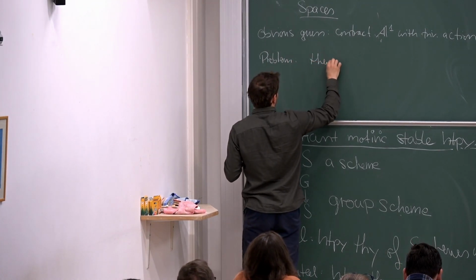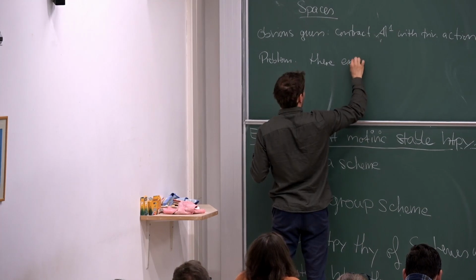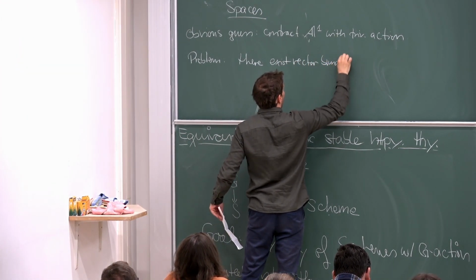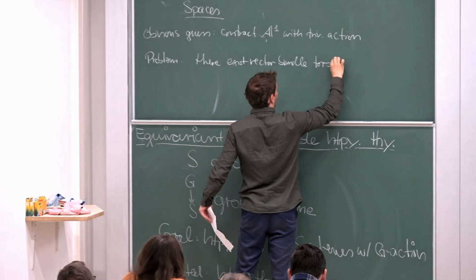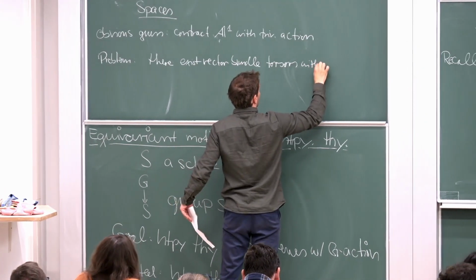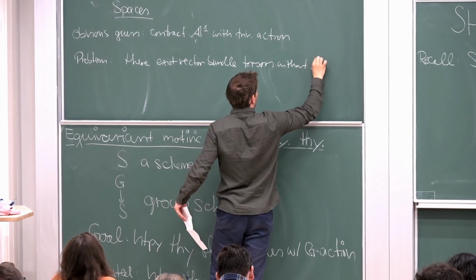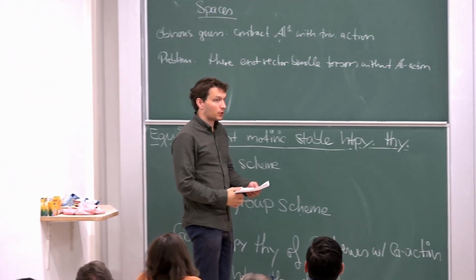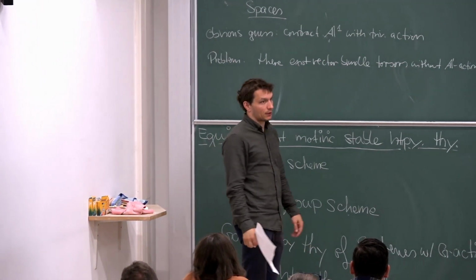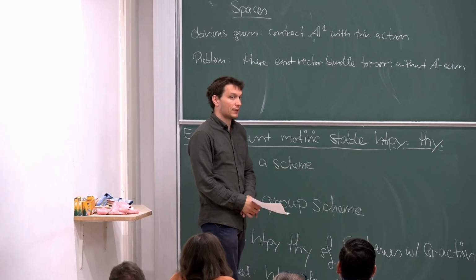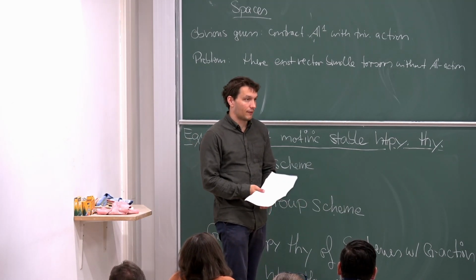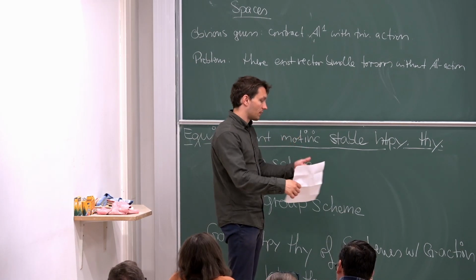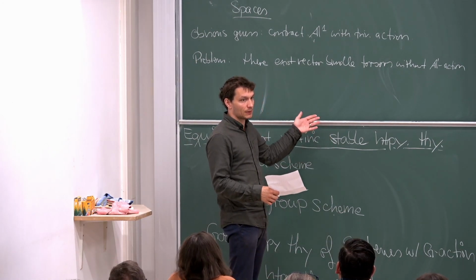The problem is that there exist vector bundle torsors without A1 action. Okay, and then you say, why do I care about vector bundle torsors? I'm just pulling this out of thin air, but one example are these so-called Jouanolou devices, which are very neat things which you can use to replace quasi-projective schemes by affine schemes.